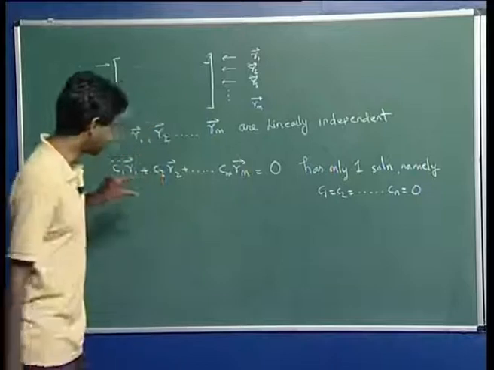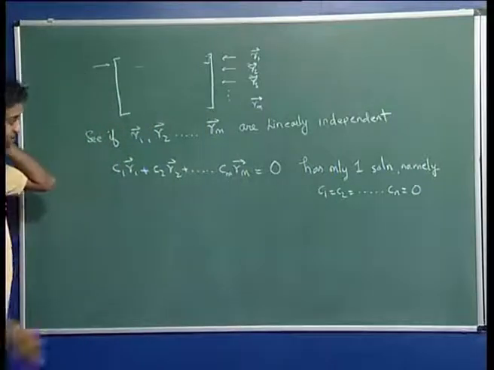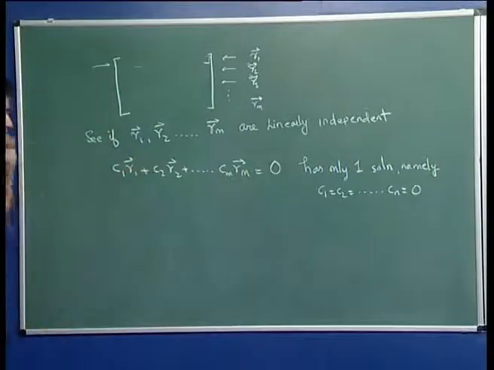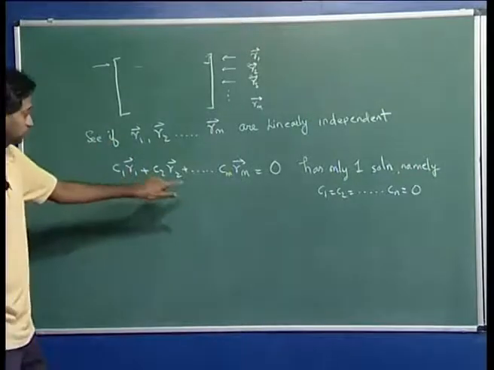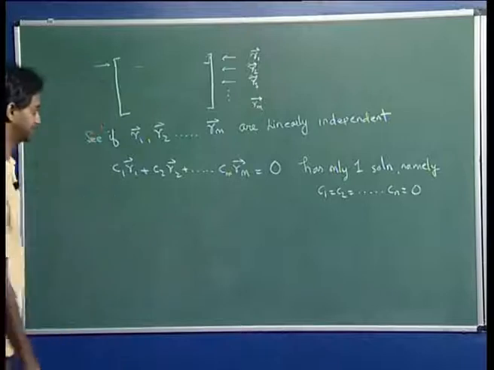So, if this equation has only the trivial solution and no other solution, then these vectors R1, R2 up to Rm are said to be linearly independent.